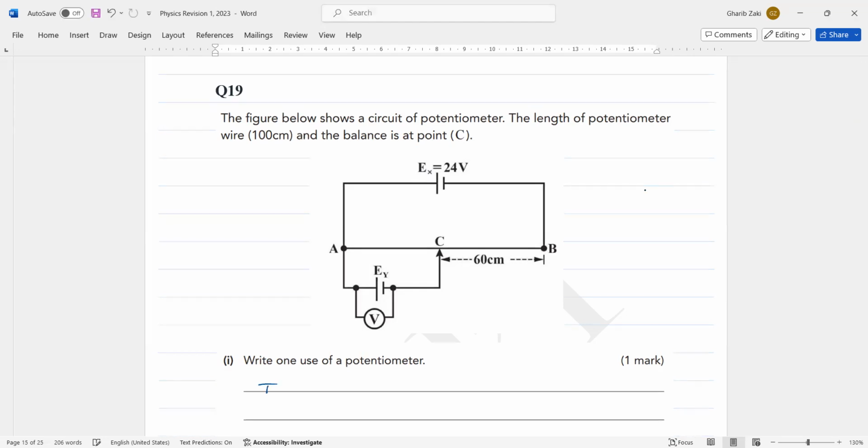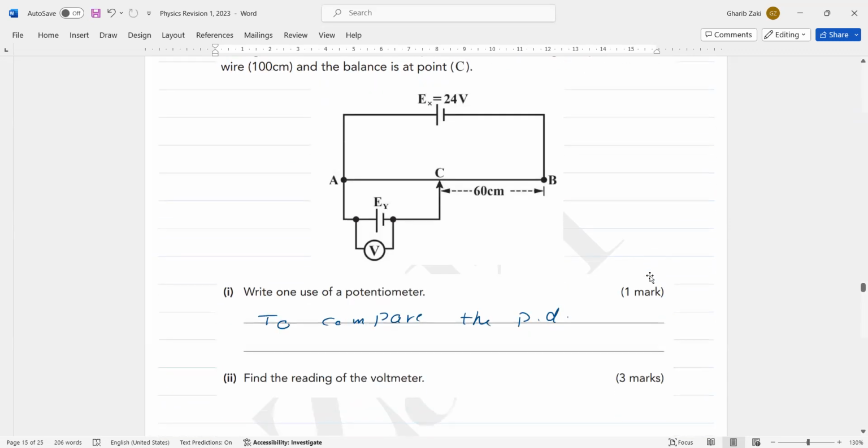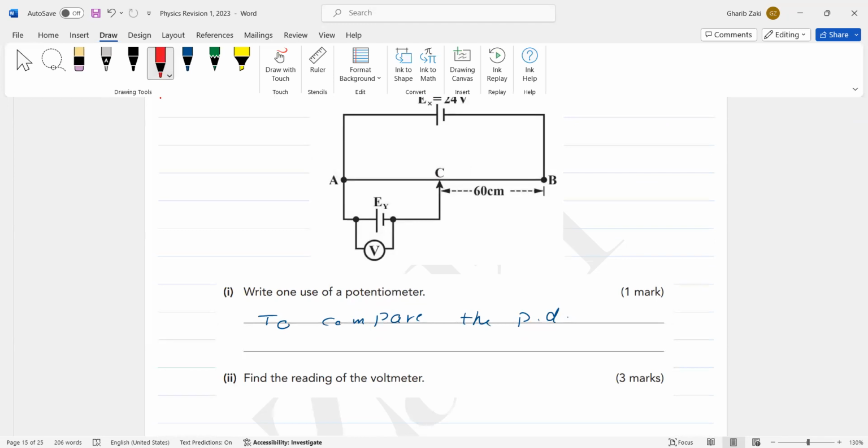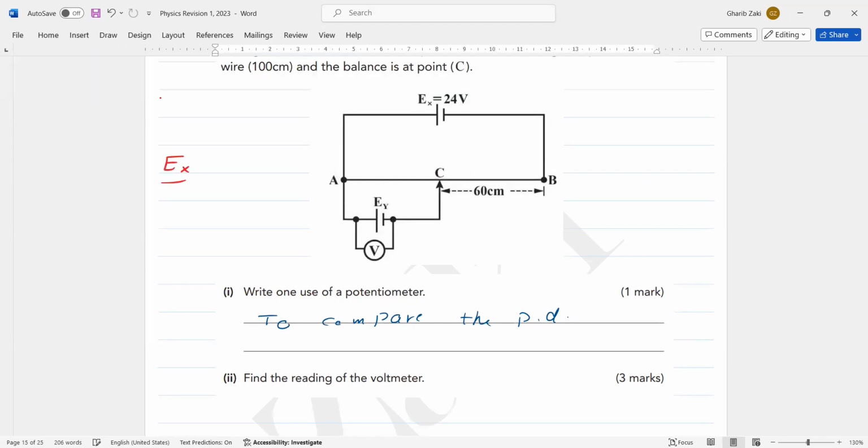So we write to compare the potential difference. Okay, now here find the reading of the voltmeter. We need EY. What is the formula that we can use here? The formula in the potentiometer, we write EY over EX equals AC over AB.